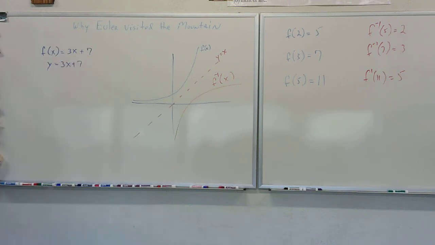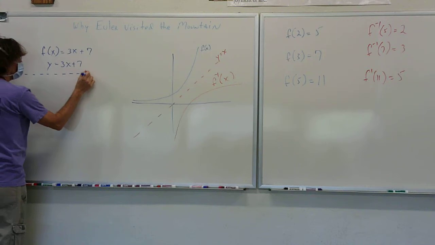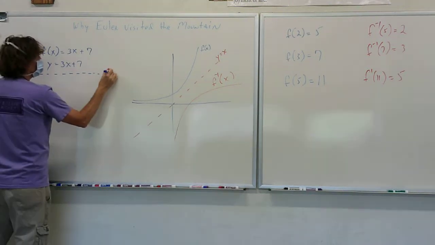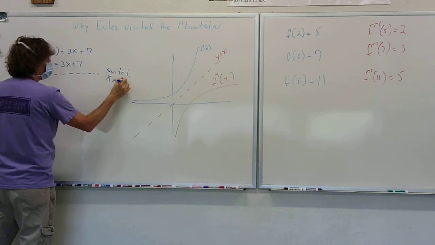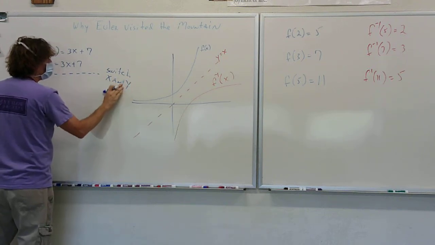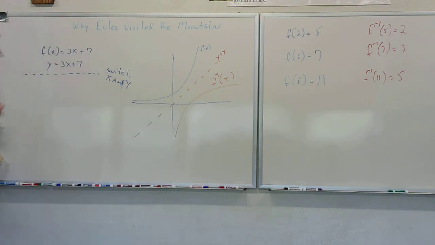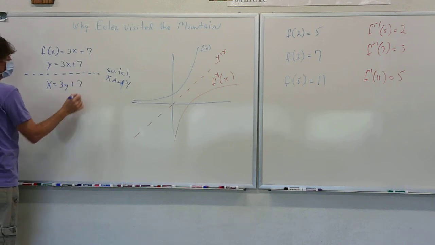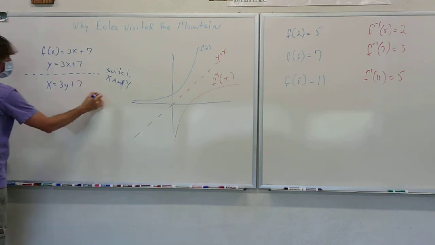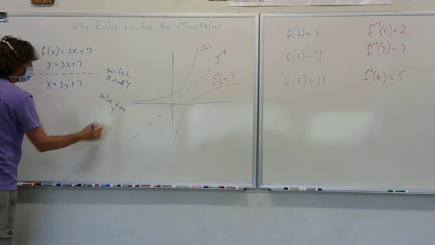Okay? All right? Then you put a dotted line here so that you don't think you're doing algebra. And you switch x and y. So you make that x equals 3y plus 7. And then after you switch them, solve for y.